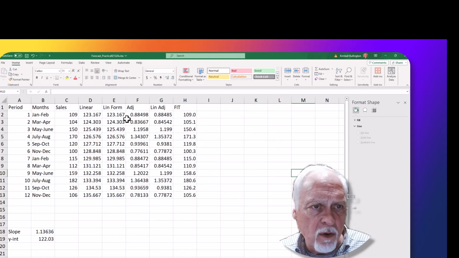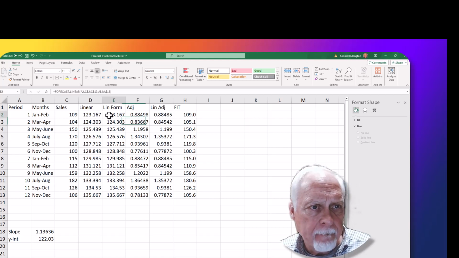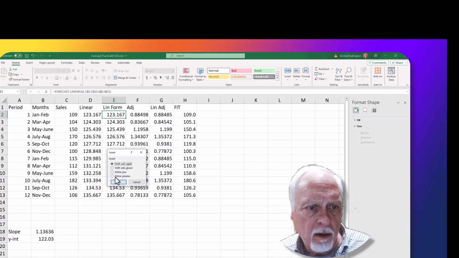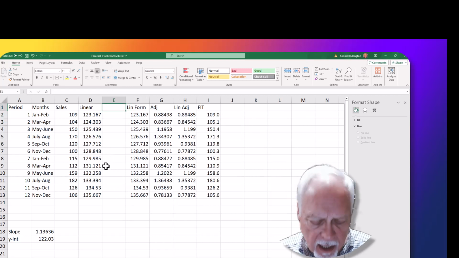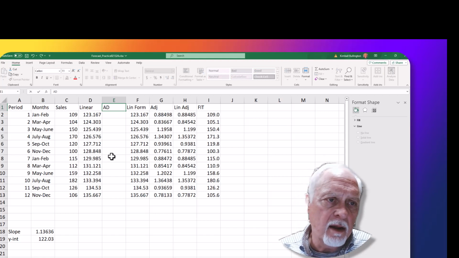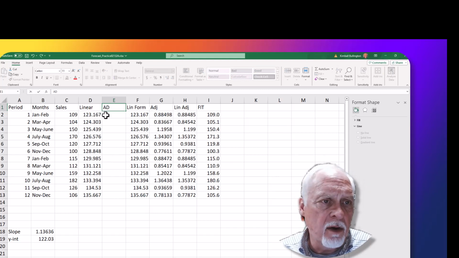Let's just real quickly insert some columns here. Well, that's only one needed. And let's do a mean absolute deviation. So we've got an absolute deviation here.